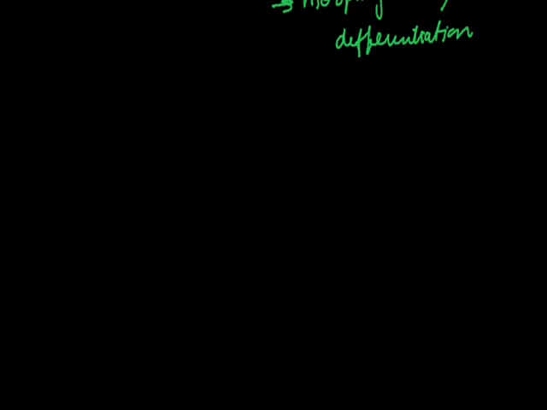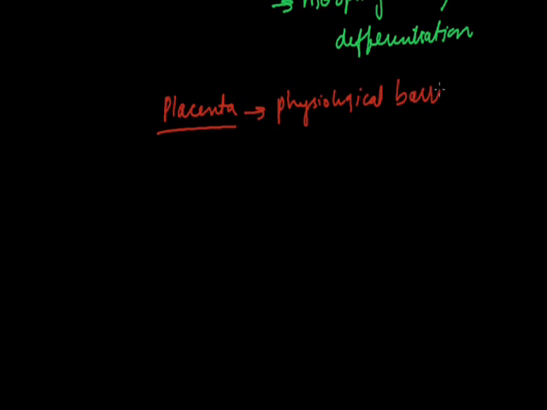Next, let us discuss something about the placenta. Placenta, actually, is a physiological barrier. This physiological barrier, children, acts as an ultrafilter between the fetal blood and the maternal blood.